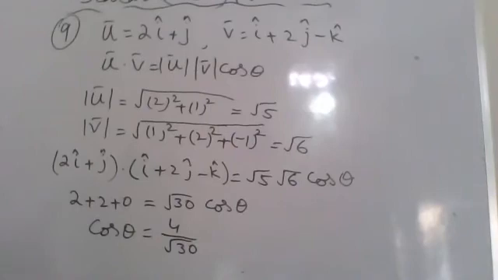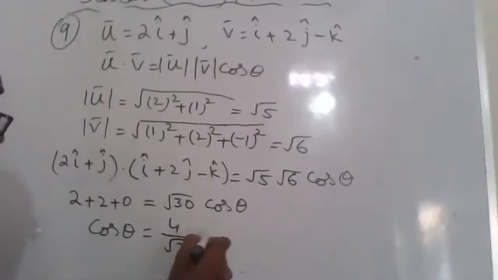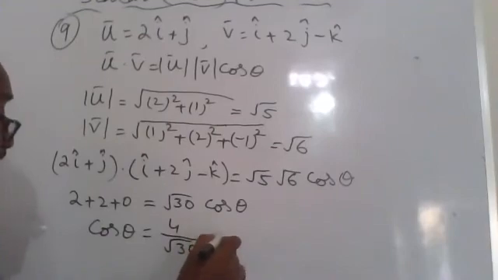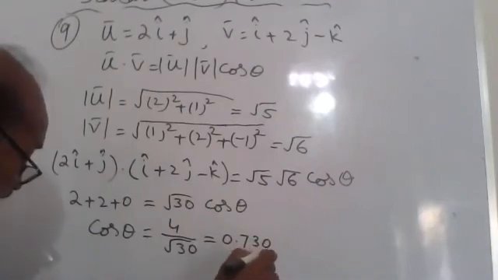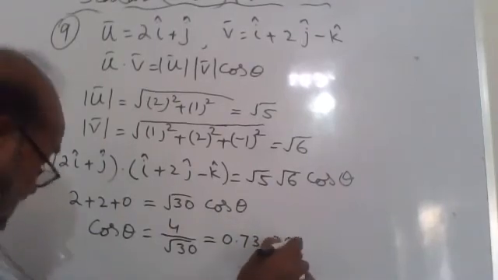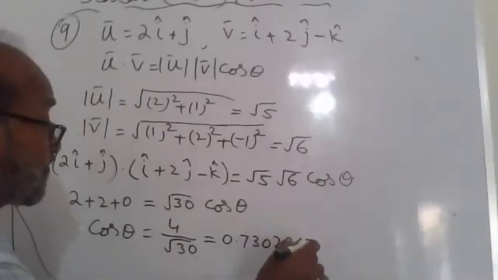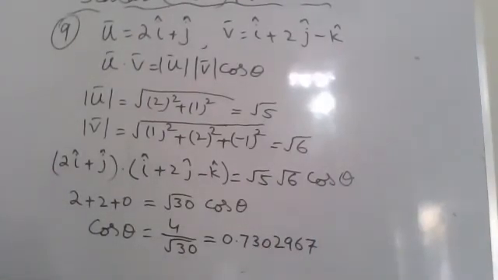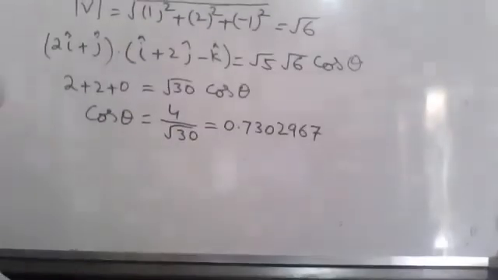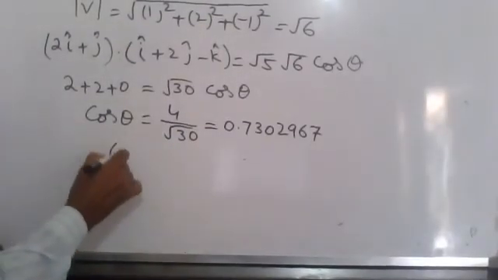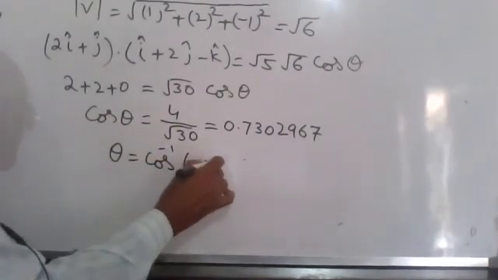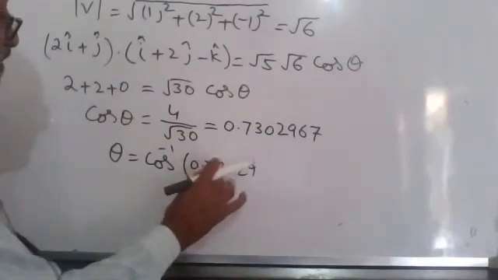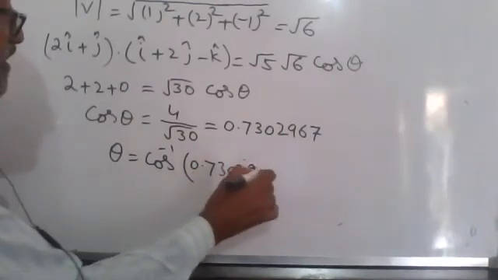The answer is 0.7302967. So this is cos theta. So theta will become, take the cos on the other side, cos inverse of 0.7302967.